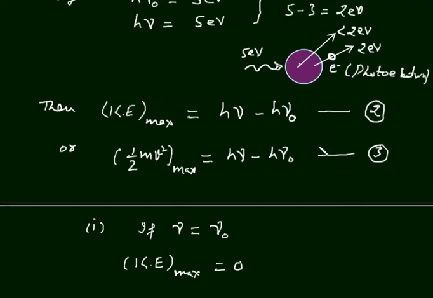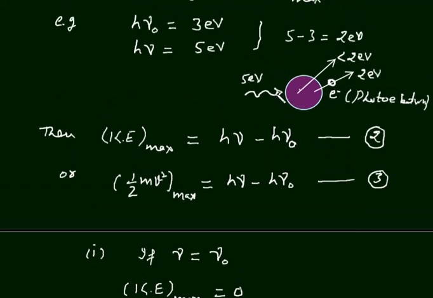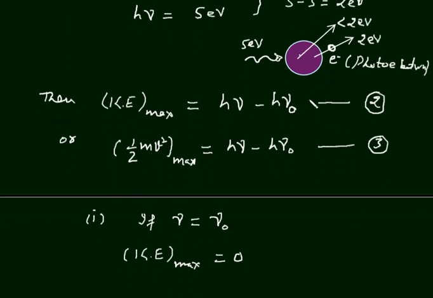It means that if the incident energy is equal to required energy, the photoelectron will just eject out from the surface of metal, but it will not leave the surface of metal, since its kinetic energy is 0. Again listen, if the incident energy or incident frequency is equal to required energy, photoelectron will be ejected, but it will not leave the surface, since its kinetic energy is 0.